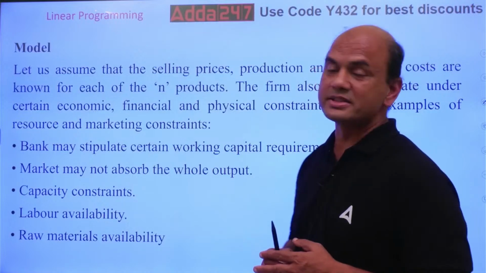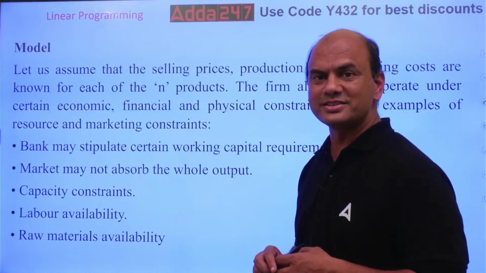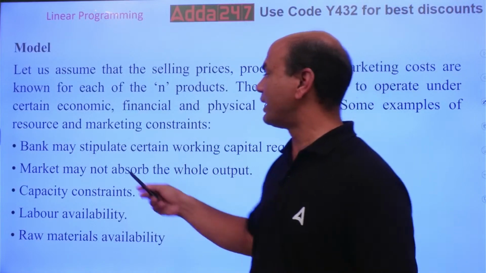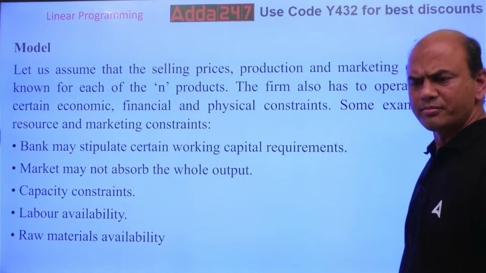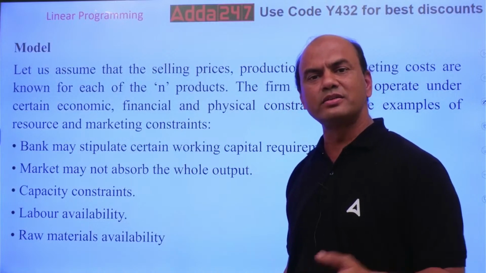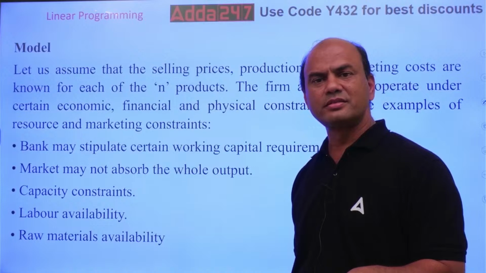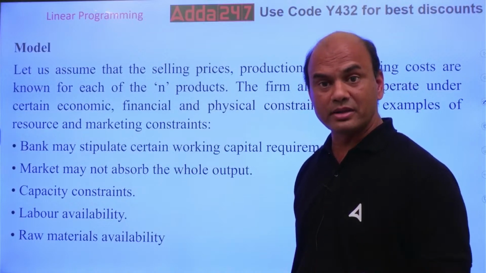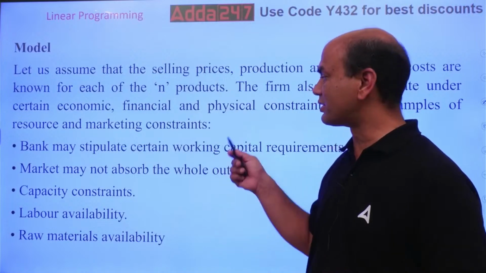What all are the limitations in any company? The bank may stipulate certain working capital requirements. Bank may put a condition while sanctioning the loan. You have to bring in this much margin, your own capital, your own money. That's what is meant over here.